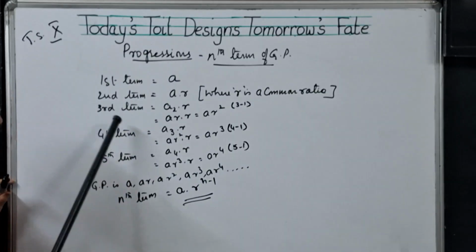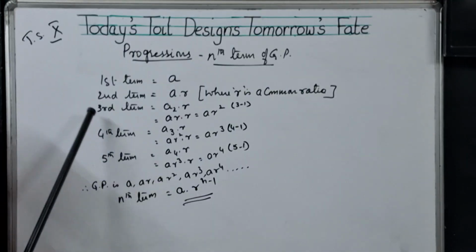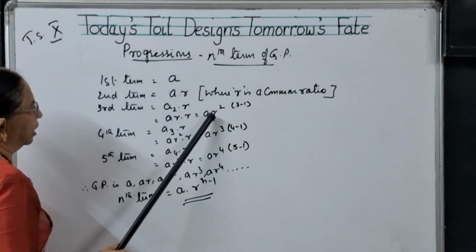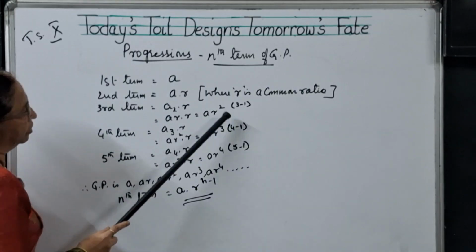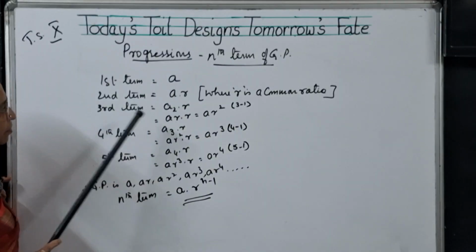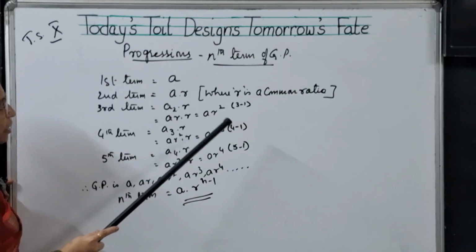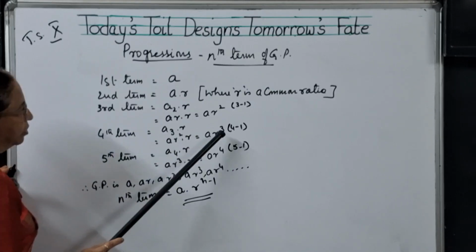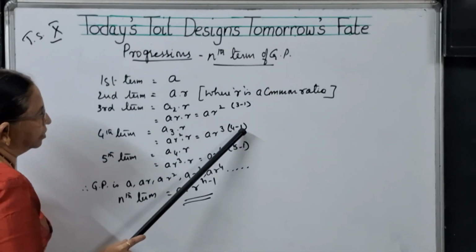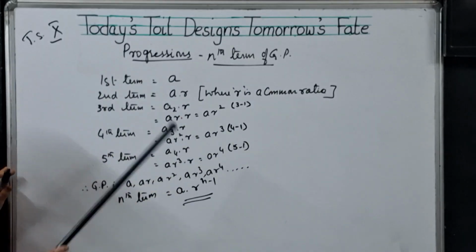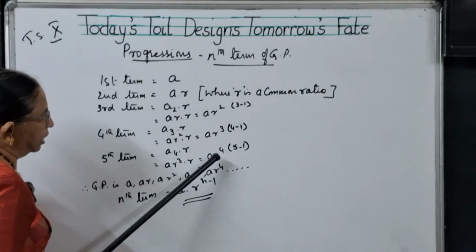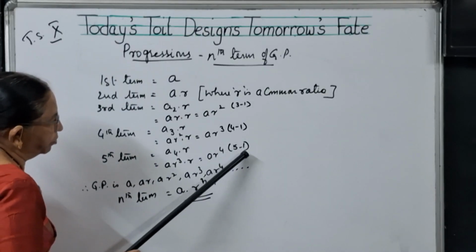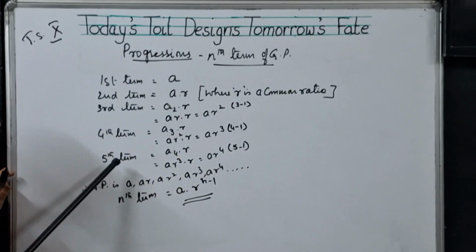Let me explain with the third term. The third term we have got is AR square. How did you get this 2? It is 3 minus 1, where 3 is the third term. Similarly, in the fourth term, AR cube, we got 4 minus 1, where 4 is the fourth term. Similarly, the fifth term AR to the power of 4 is 5 minus 1, where 5 is the fifth term.